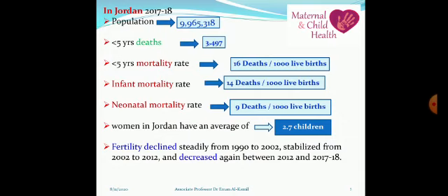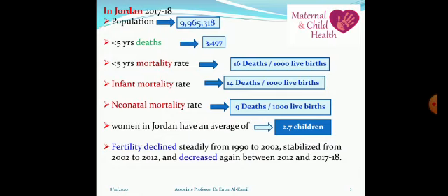The mortality rate for children under 5 is nearly 16 deaths per thousand live births, infant mortality is near 14 per thousand live births, and neonatal mortality is 9 deaths per thousand live births. So still we have some rates which need to be improved.